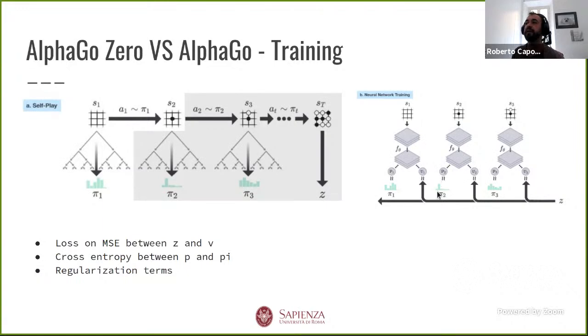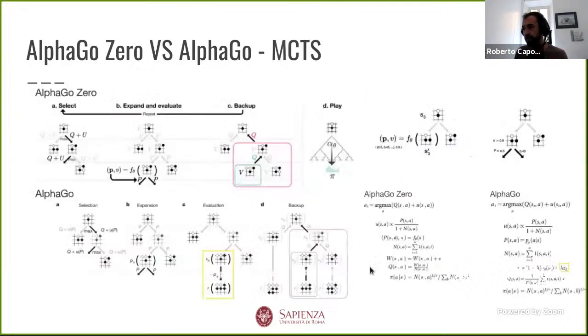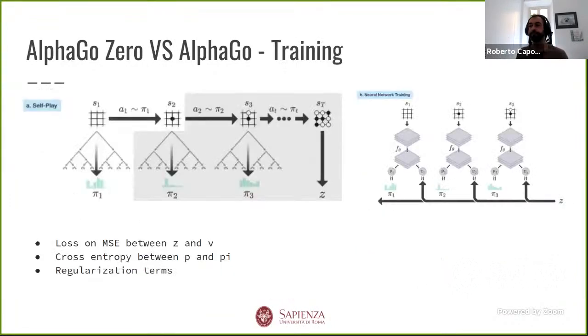Basically, what's happening here is that the network that is predicting the probability distribution of the action is being trained to basically mimic this policy over here, which is the one that is used for the final actual action selection by the agent.